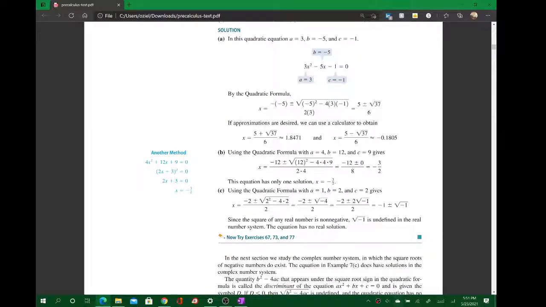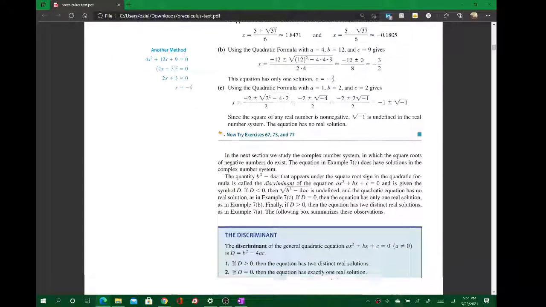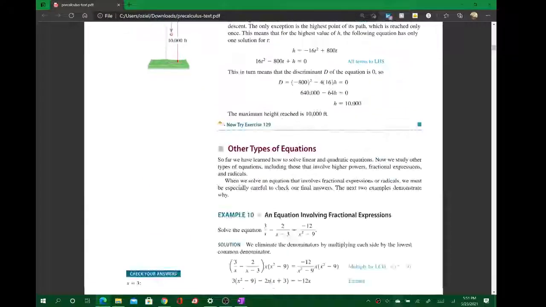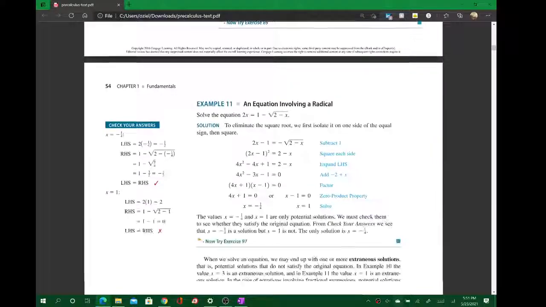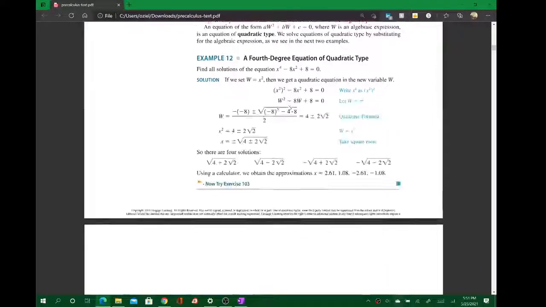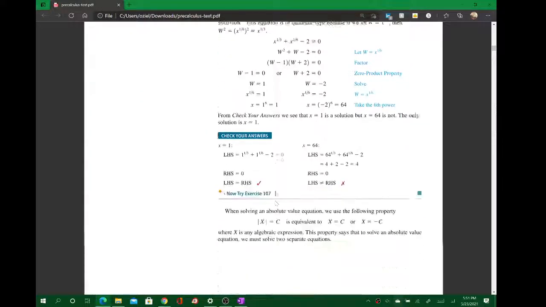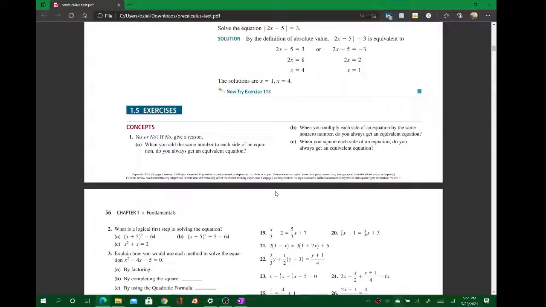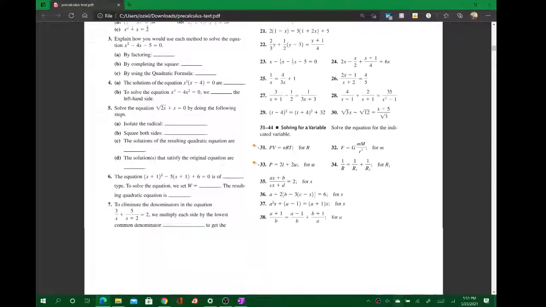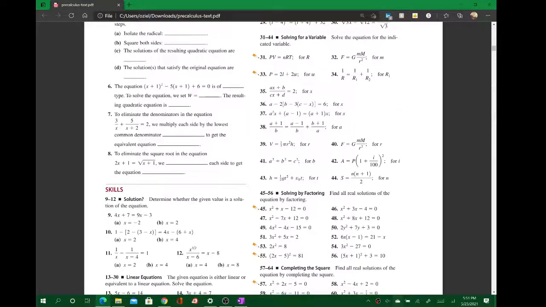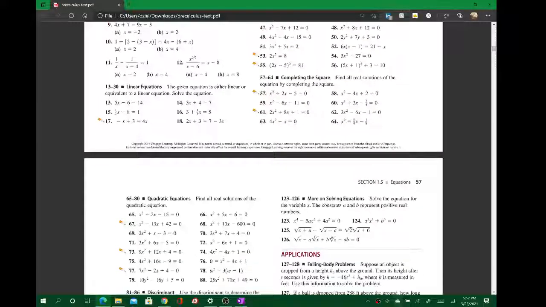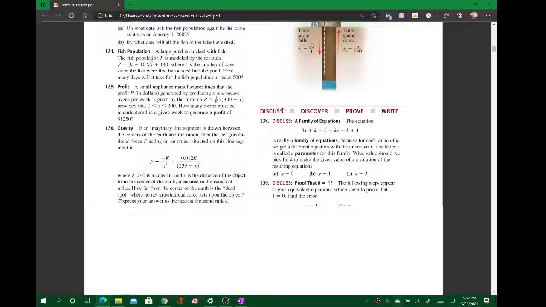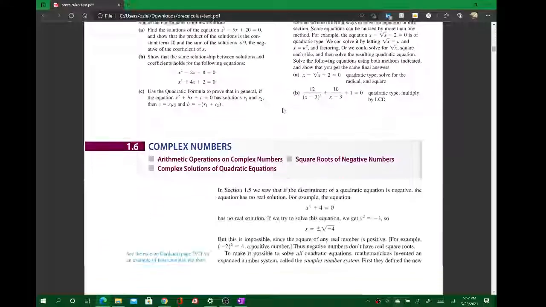But this section had a lot of equations and a lot of steps, so I do apologize if I took longer than I wanted to. I always try to go as fast as I can, but at the same time, it's very important to explain it very well.